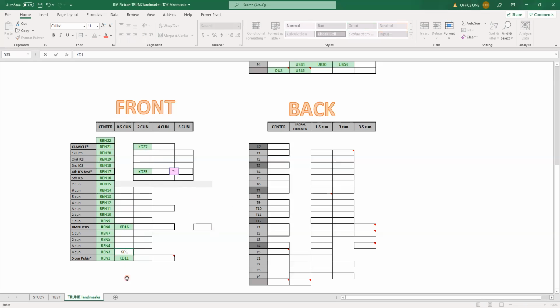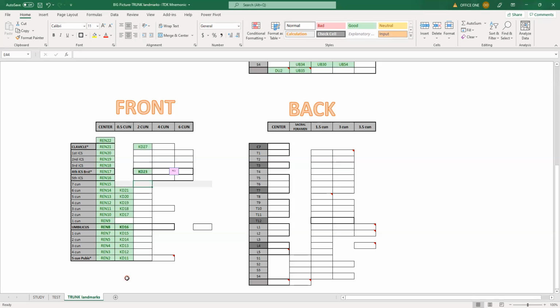So we're gonna start counting. Kidney 12, kidney 13, kidney 14, kidney 15, and then we skip. Then we move to kidney 17, kidney 18, kidney 19, kidney 20, kidney 21.